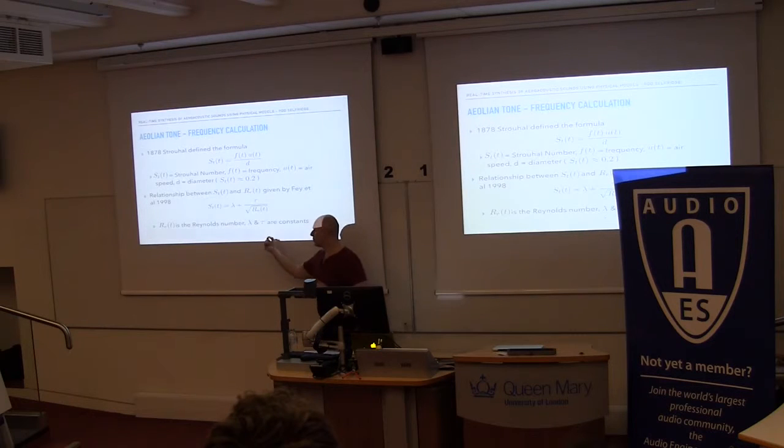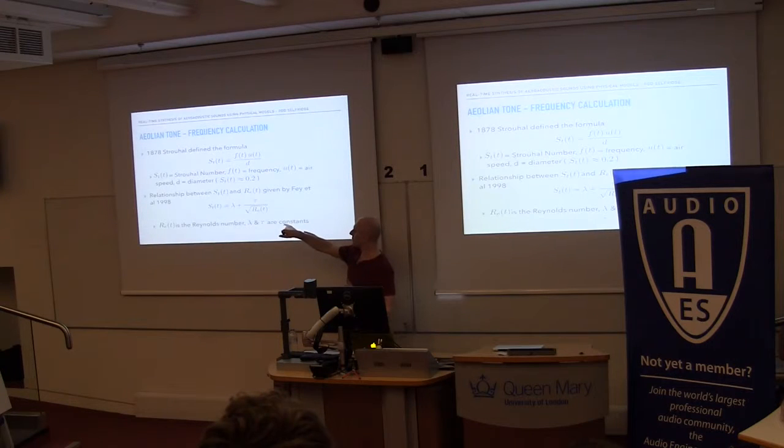And then the two constants are set for each different shedding, turbulent area. So I can get the constants they've given me in this paper, and it'll give me the Strouhal number if I can get the Reynolds number.